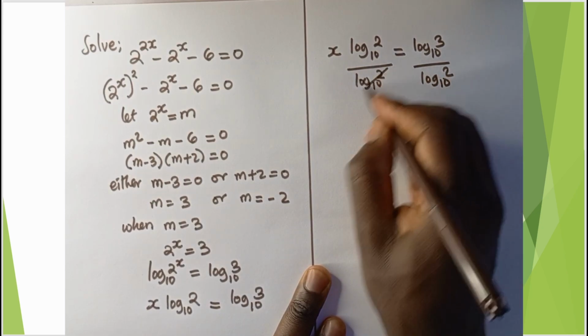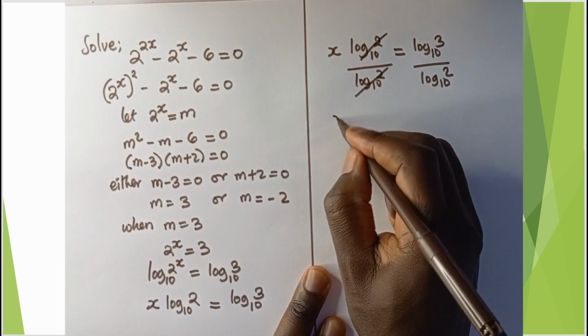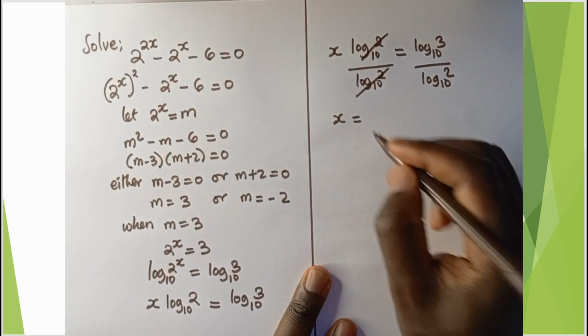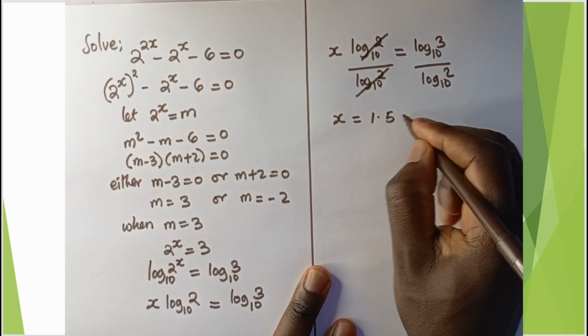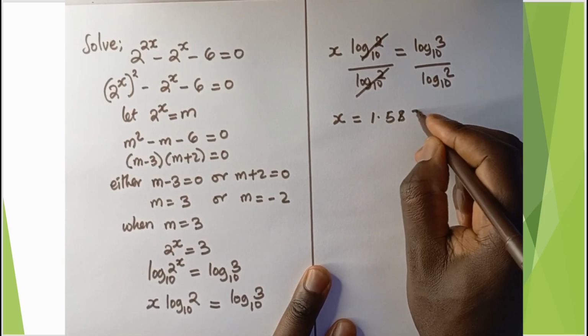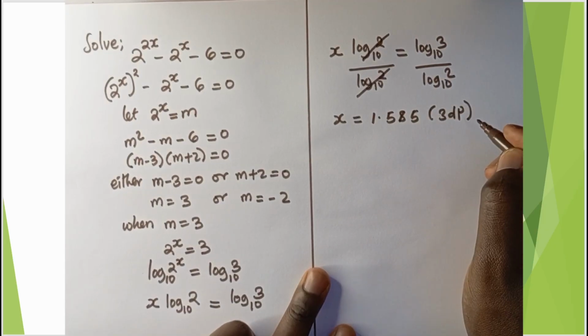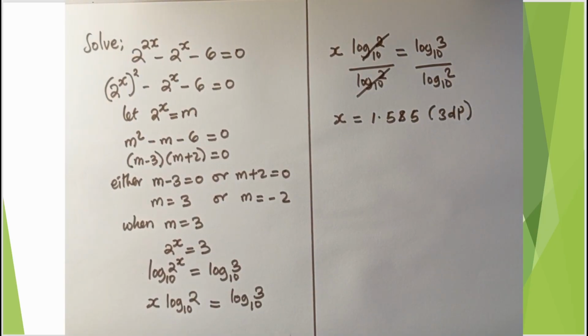So we divide through, this goes with that. So our value of x ends up being, when you use your calculator, you will obtain something like 1.585 to 3 decimal places. Now this is how you solve. This is another case where we find usage of logarithms.